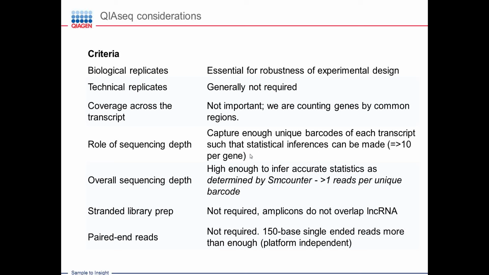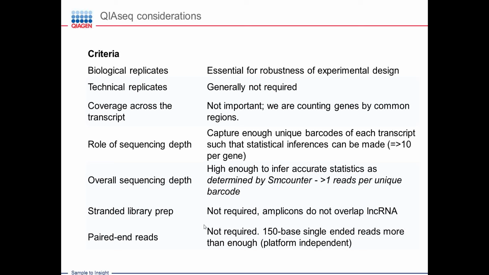So I'll say that again: as long as we can capture 10 unique transcripts per gene, we're golden. It doesn't actually matter how many times we sequence those unique 10 transcripts. So whether we read them once or whether we read them 20 times, we're good. But we need to read 10 per gene. So if it's a rare gene, we need to read the whole population, maybe deeper.